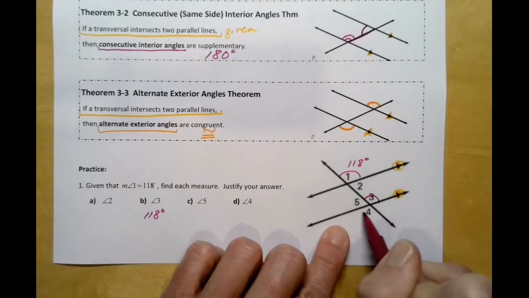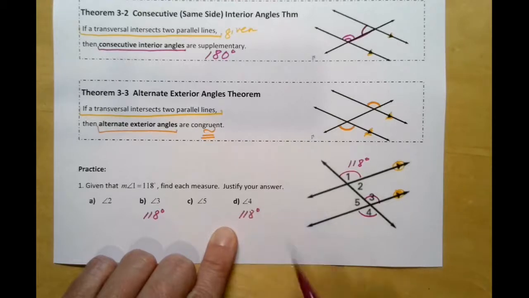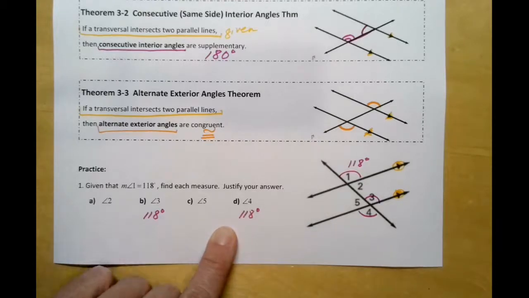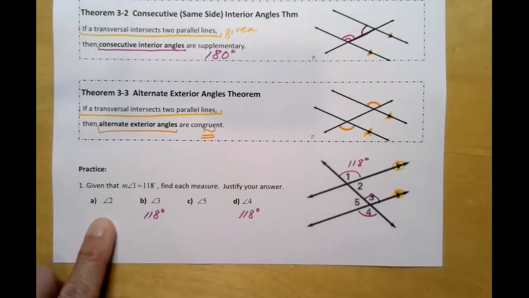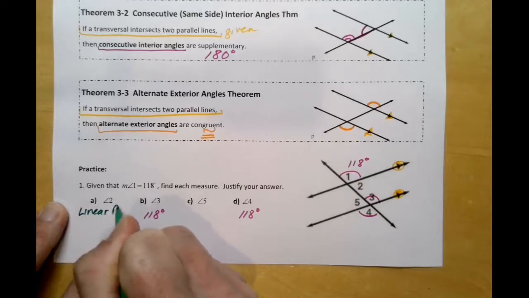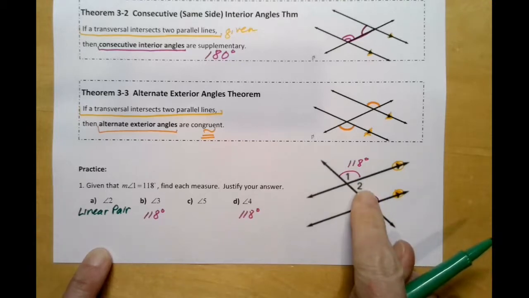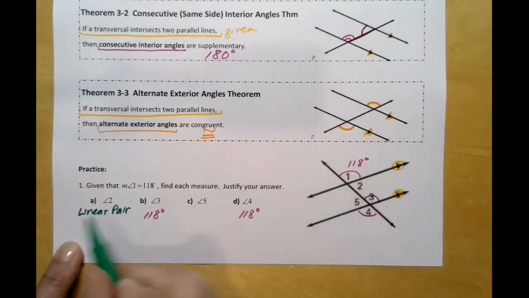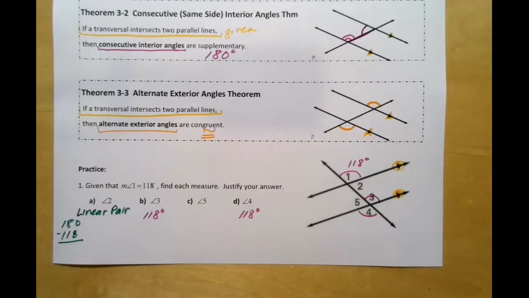So is the alternating exterior angle, angle 4. And now we need to talk about this angle 2, because this angle is going to be a linear pair with our given, it's going to be supplementary. So when I want to figure out what it's going to be, 180 minus 118 is going to give you your value. So that looks like what, 62?